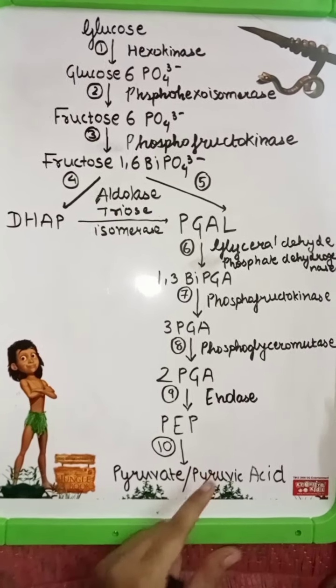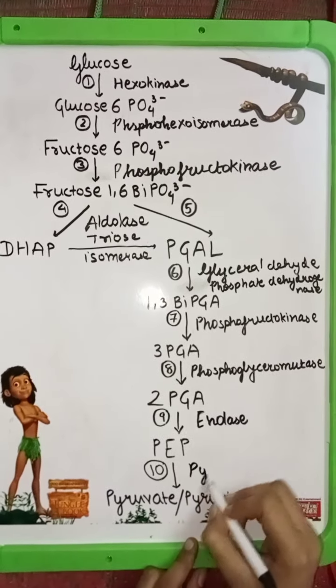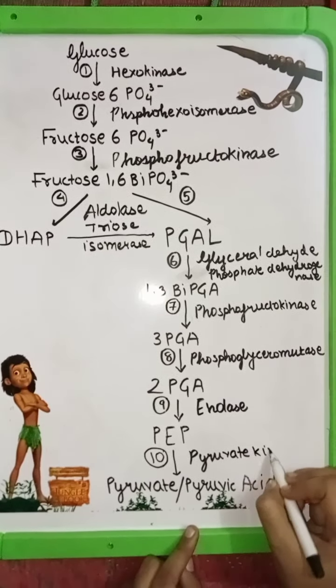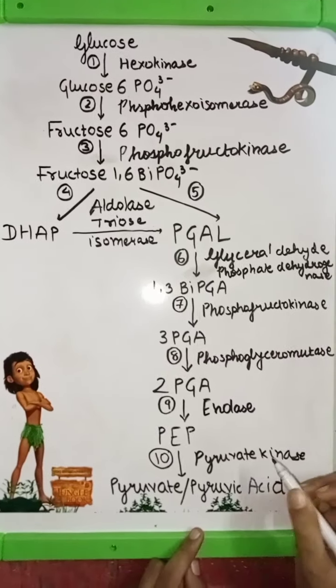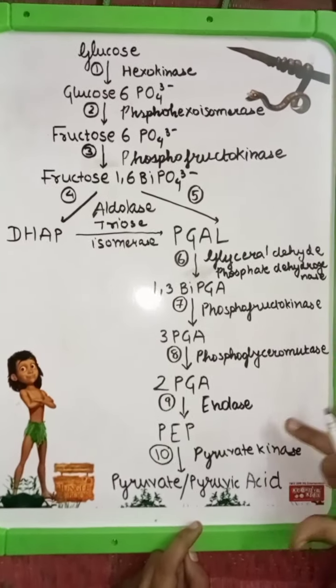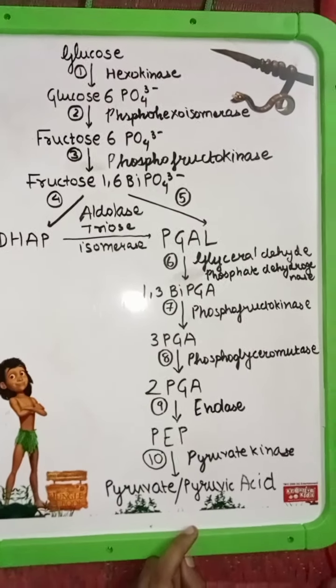From PEP to pyruvate or pyruvic acid, we have the enzyme pyruvate kinase. To learn the last 4 enzymes, we can learn it as kinase, mutase, lyase and kinase. It will be easy for you to remember.